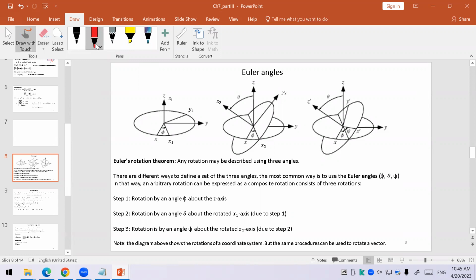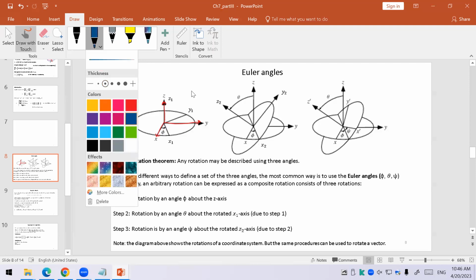Okay, so initially I have this red coordinate system x, y, z. So the first rotation I want to do is a rotation about the z-axis, with an angle phi.